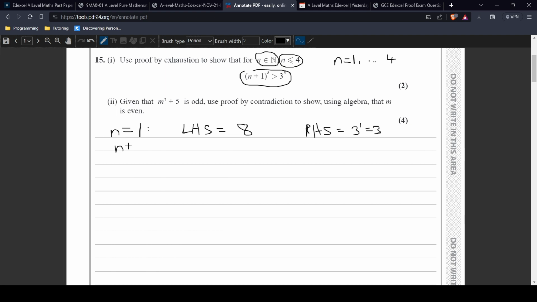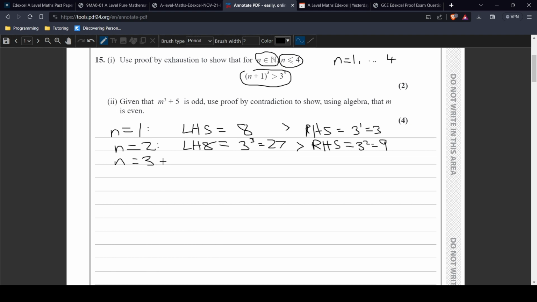Similarly for n equals 2 on the left hand side, we get 2 plus 1, which is 3, and then 3 cubed, which is 27. On the right hand side, we get 3 squared, which is 9. And indeed 27 is bigger than 9 and 8 is bigger than 3.